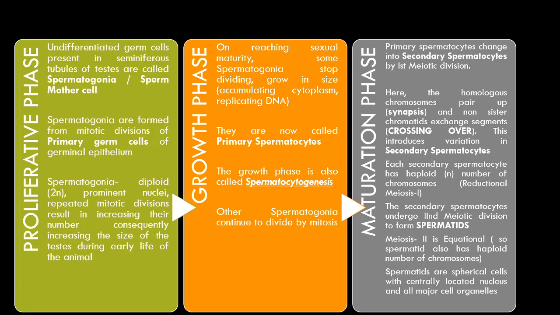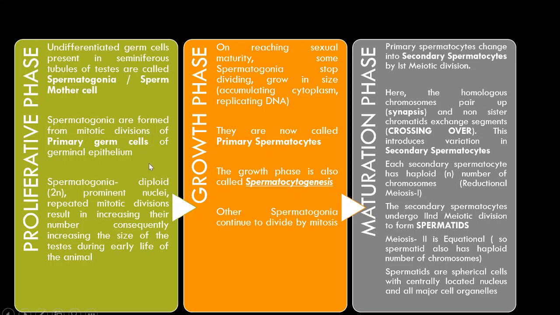So these are the three parts or three phases for the formation of spermatids. The first is the proliferative phase, where the undifferentiated germ cells present in the seminiferous tubules are called the spermatogonia or the sperm mother cells. The spermatogonia are continuously dividing with the help of mitotic divisions.